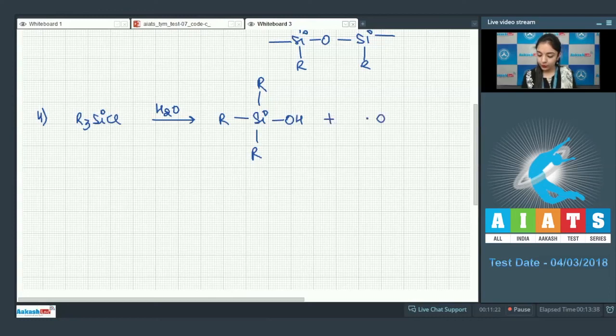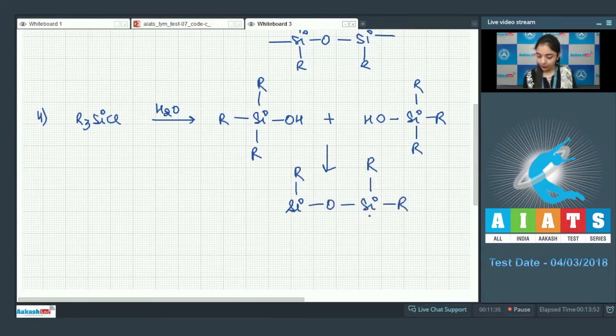So which further reacts with another molecule and will form this kind of structure. And now this further cannot be polymerized.